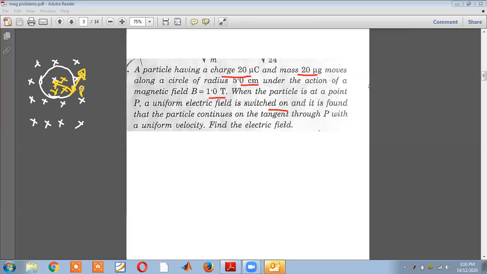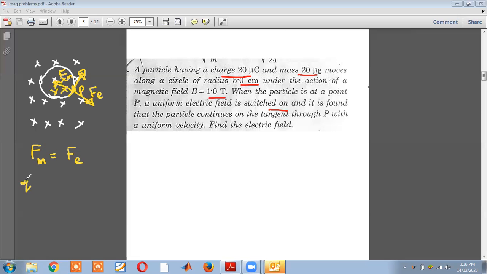And once you switch on the electric field, it will experience an electric force that points opposite to the magnetic force. This is our electric force and this is our magnetic force. Now if it wants to move along the tangent with a uniform velocity, the magnetic force must be balanced by the electric force.